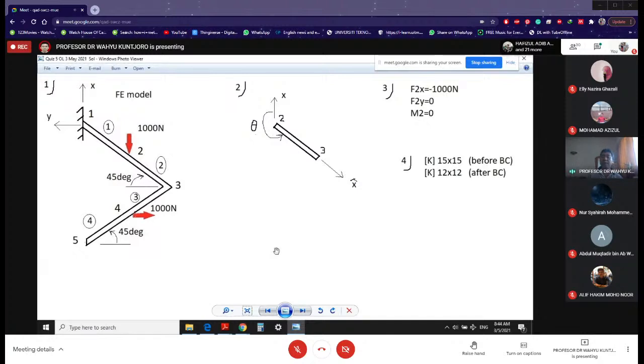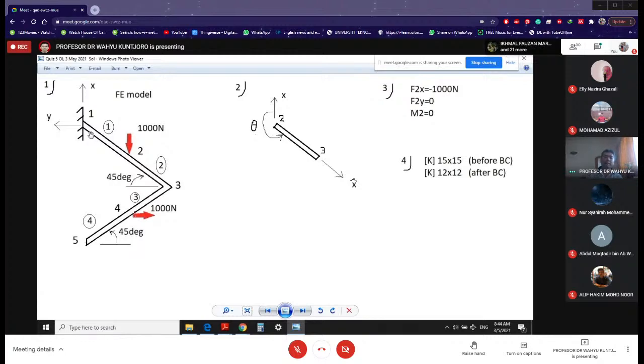So it is going to be 15 by 15, but that's before the introduction of the boundary condition. In this case, node number 1 is fixed. Remember that we can have a pin joint or a roller joint, but in this case it is fixed.